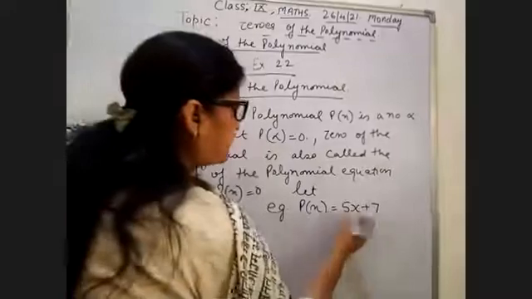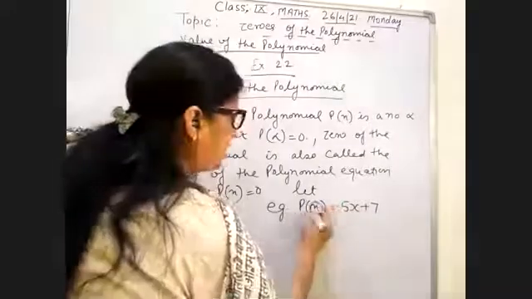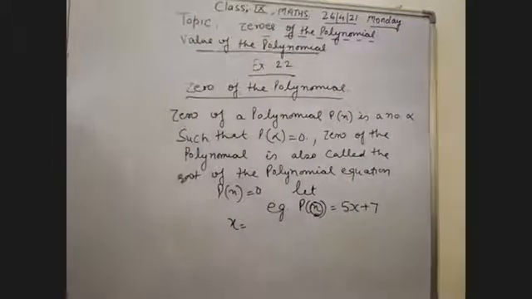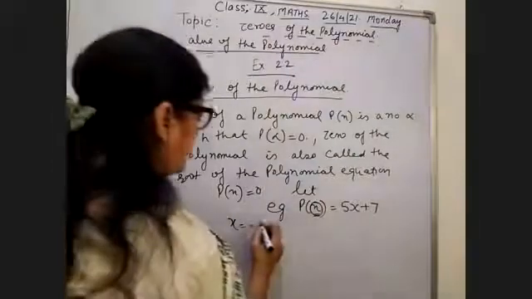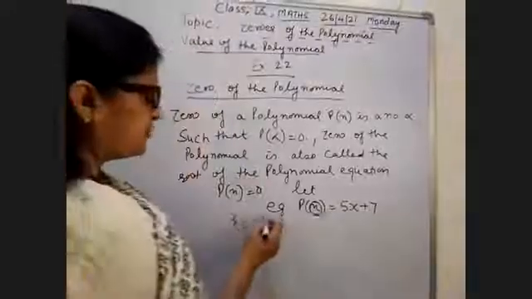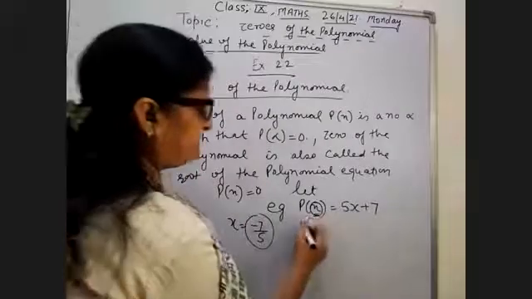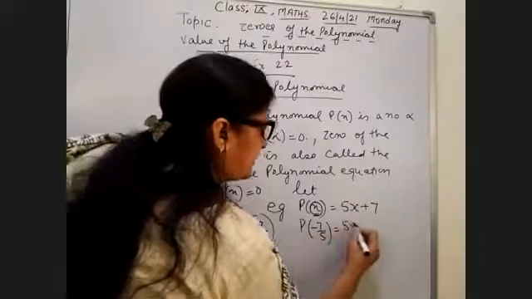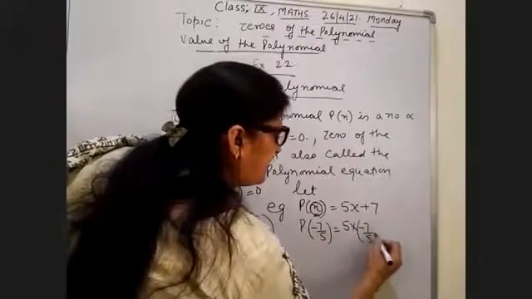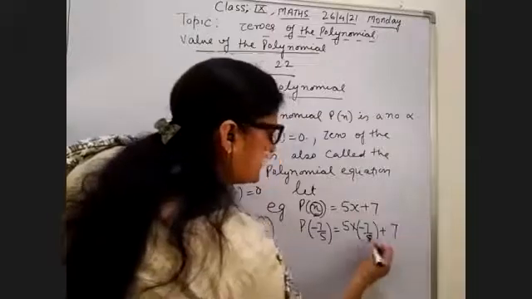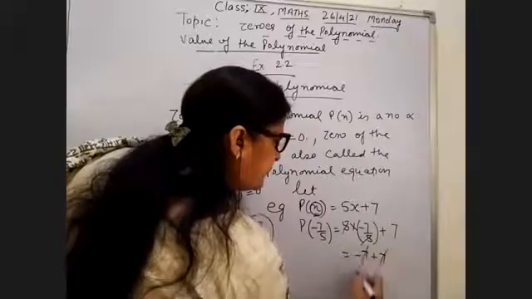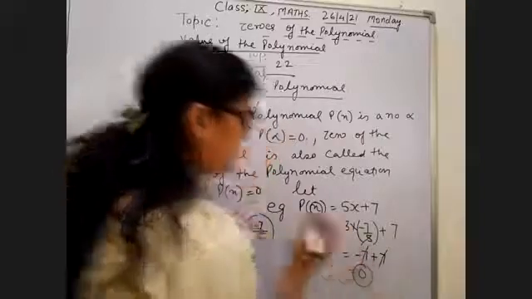If I put the value in place of x, I put the value of minus 7 upon 5. When I put the value of minus 7 upon 5 in the variable, what do I get? 5 into minus 7 upon 5 plus 7. Cancel 5 with 5. It is equal to minus 7 plus 7. It is equal to 0.